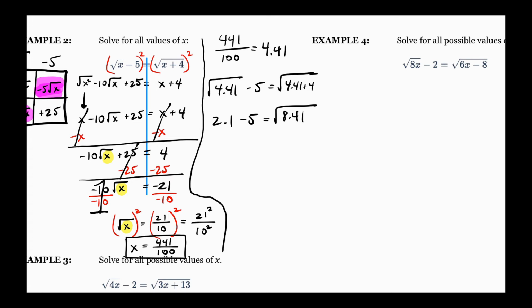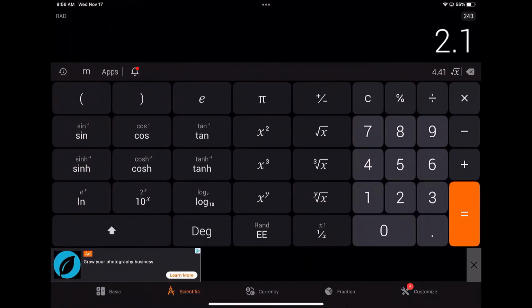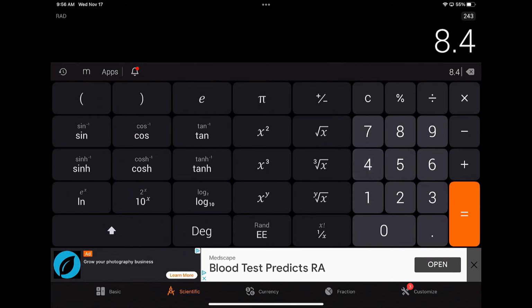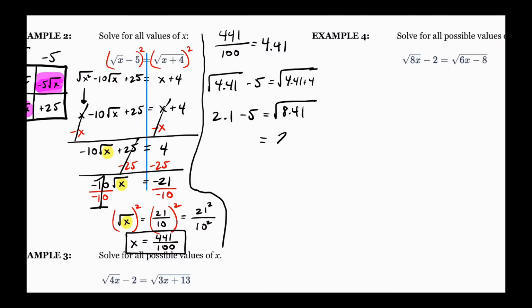So you add, it's like adding $4 and $4.41. You get $8.41. Then I got to take the square root of 8.41, square root 2.9. Positive 2.9. When I subtract this, I'm going to get a negative 2.9.